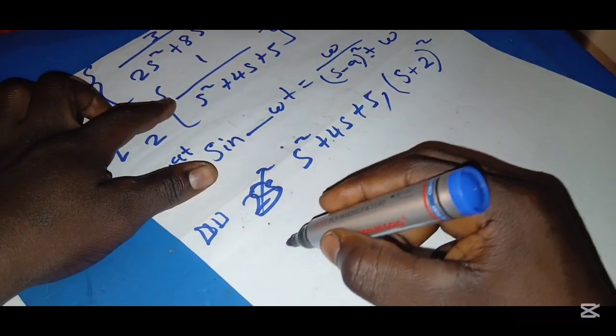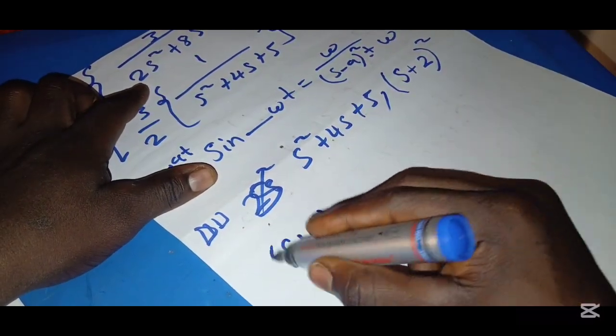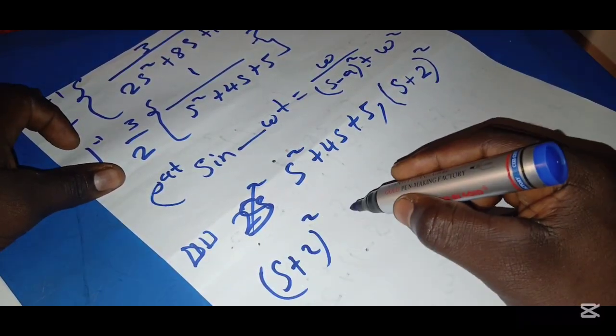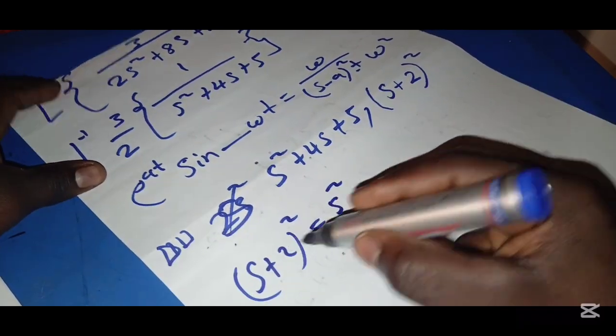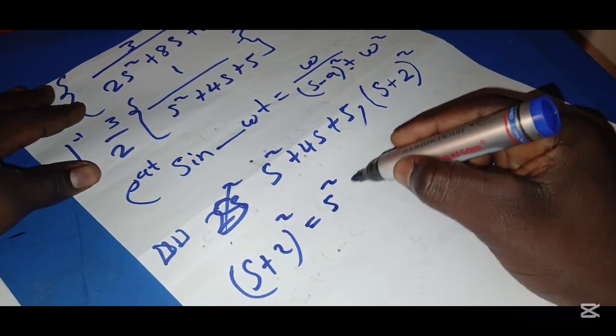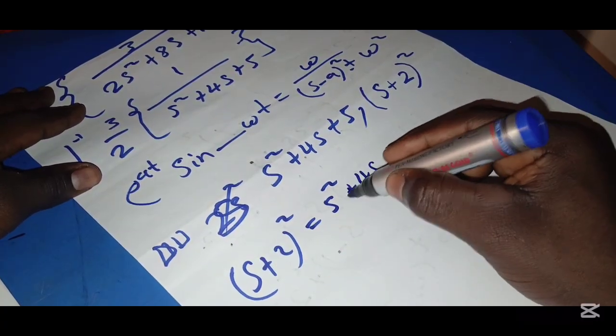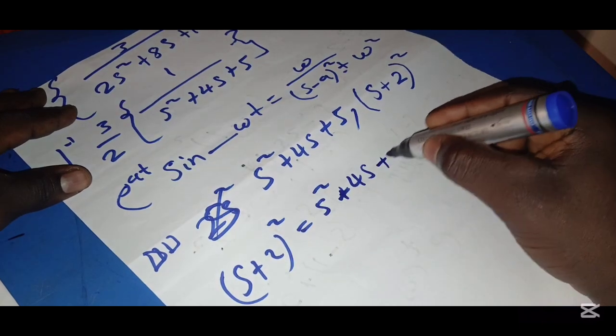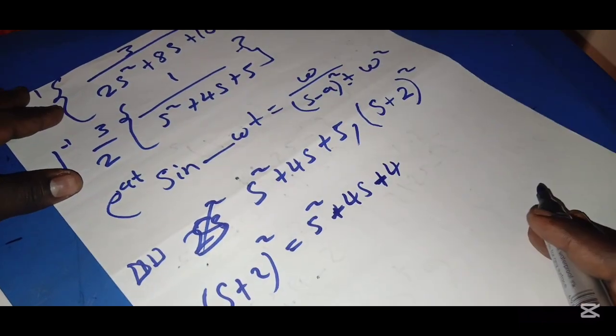So now I'm going to expand s plus 2 squared. Squaring s gives s squared, 2 by s by 2 gives me 4s, and then 2 squared gives me 4, right?